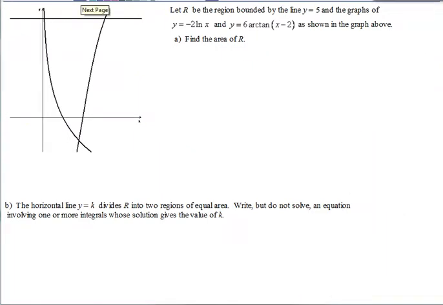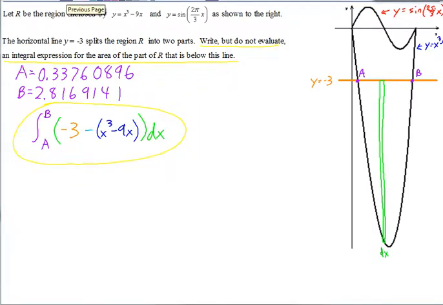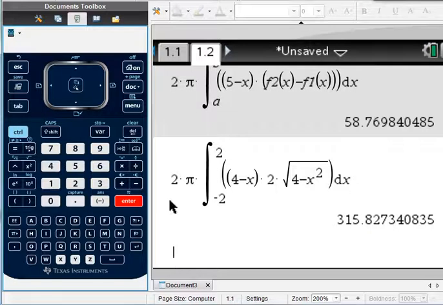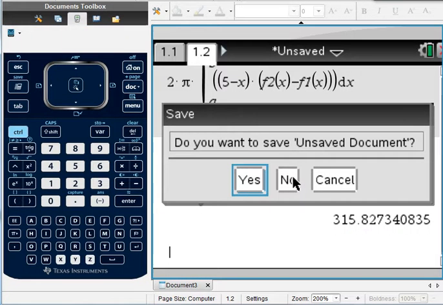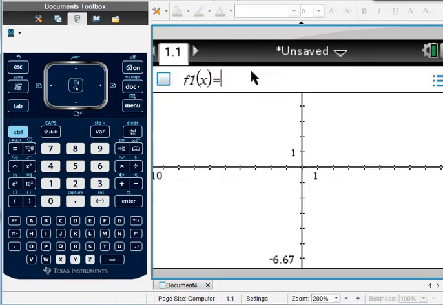Alright, let's take a look at the next example. Oh, I guess let me just show you on the Inspire real quick first. Pretty much the same thing on the Inspire here. We would type those equations in. We don't even need the sine one actually, although I'll type it in here so you can see how it works.